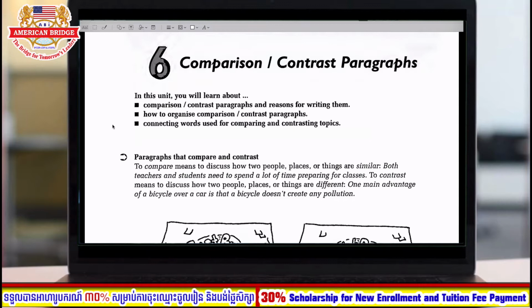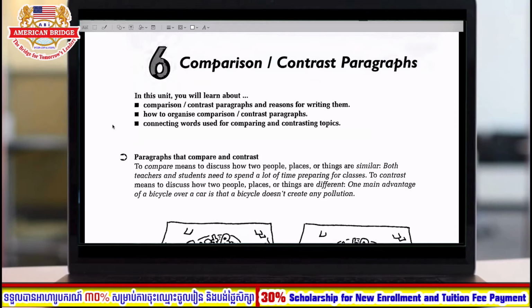And I would like to give you some reasons why you need to write those types of paragraph. And for the second one, you will learn how to organize your paragraph when you write this type of topic, to compare or to contrast between two things, how you can organize your information.